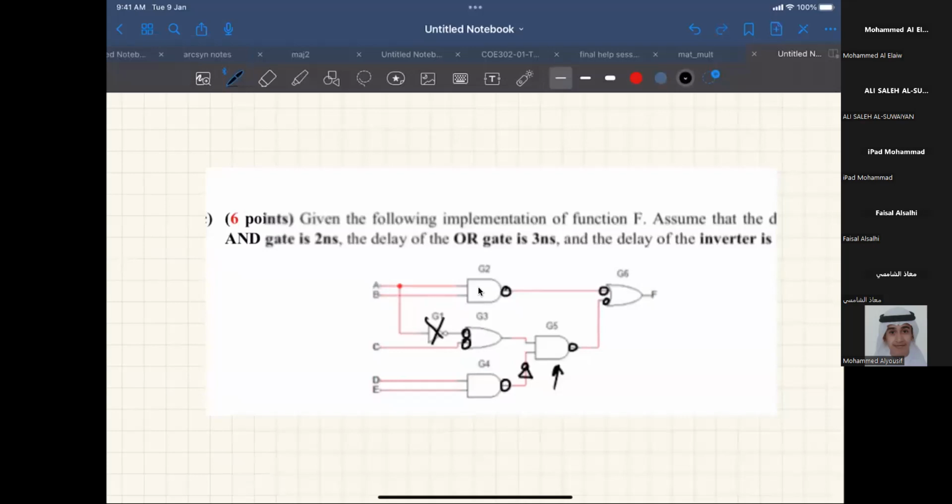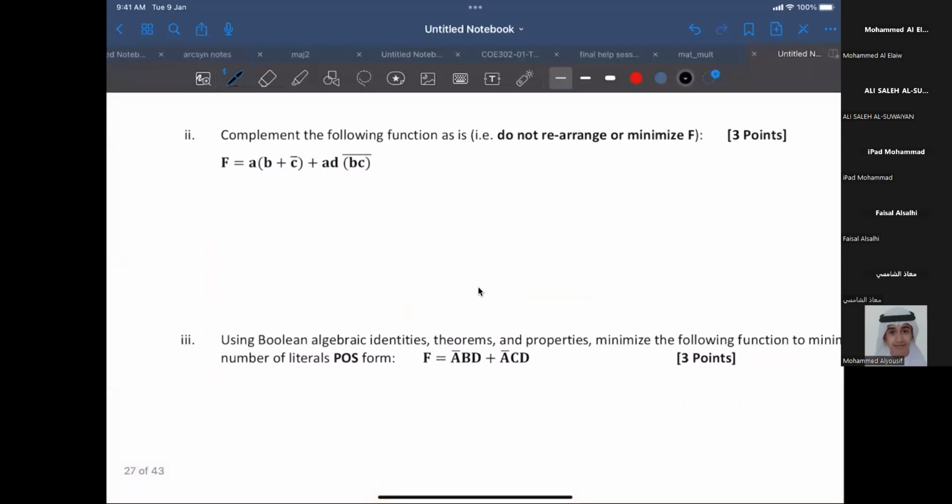Let us assume that the complements of the inputs are not available to you. So you need C complement here, which can be obtained by an inverter. With this, you need to show how to implement an inverter using NAND, and then you are all set. This is X complement. If you show this, then you can use inverters.